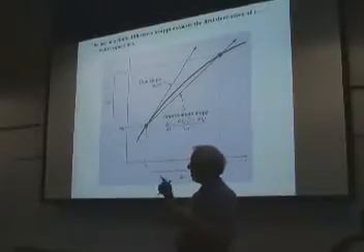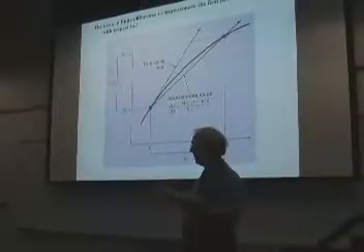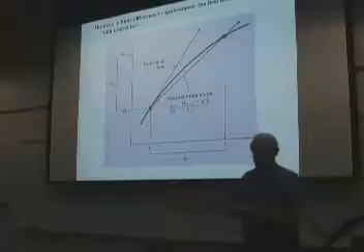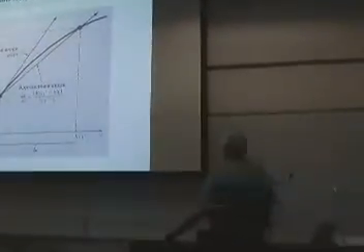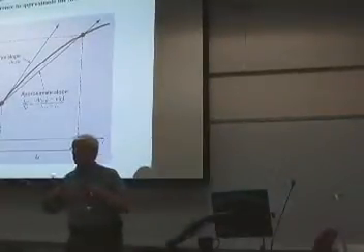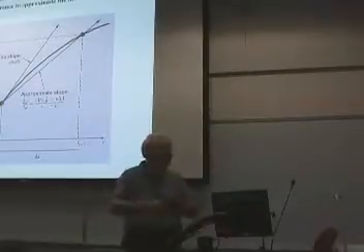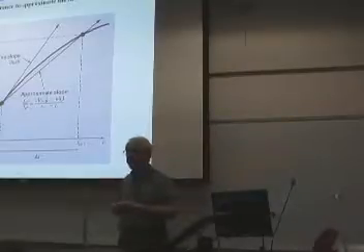Quadratic, curvature. What's the next level? Cubic. What does cubic allow you to do? Inflection. An inflection, like that. Right? So you can have curvature, more than one curvature. Curvature one way, curvature another way. That's what a cubic will do for you.